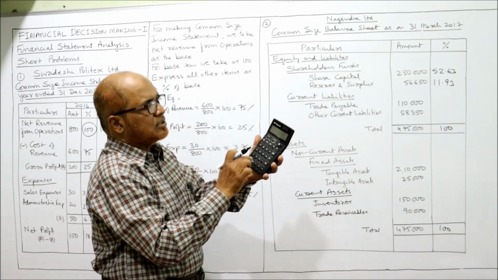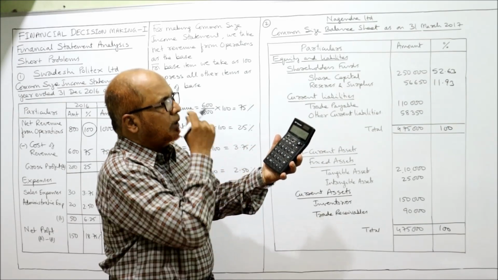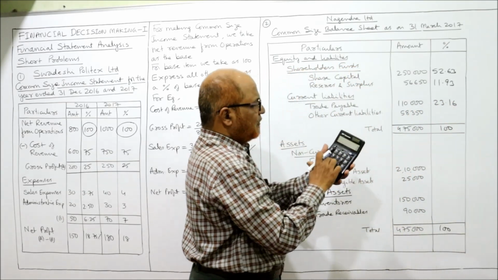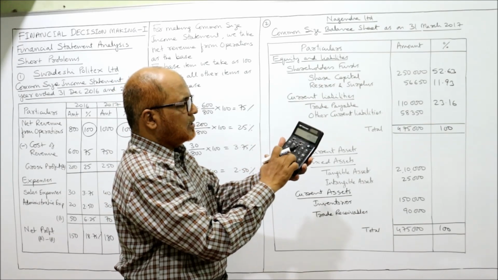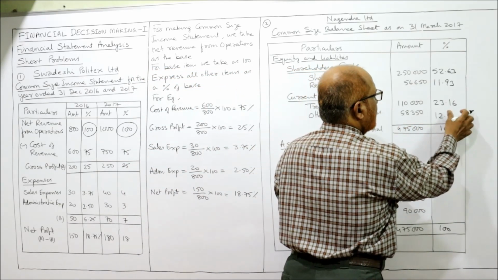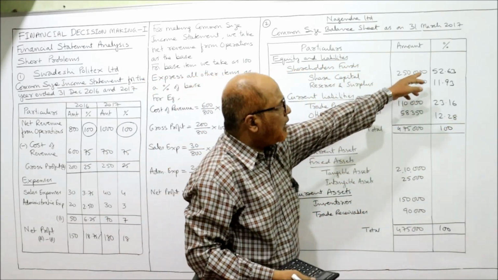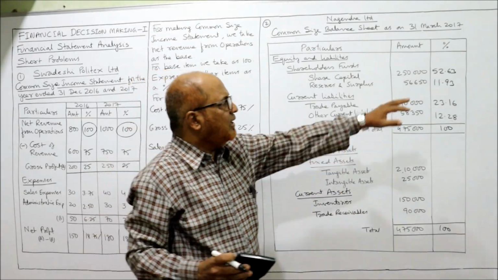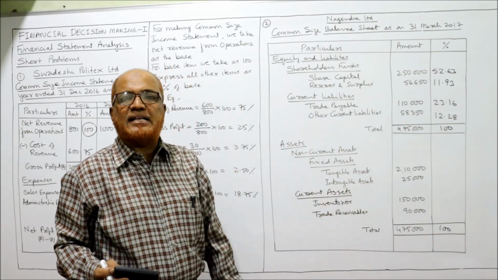Then 1,10,000 divided by 4,75,000 into 100, you will get 23.16. 58,350 divided by 4,75,000 into 100, you will get 12.28. That's all. Now if you add up all these values, you must get 100. When we make correct calculation, if you add up the total, you will get 100. Same way we have to calculate for assets also.